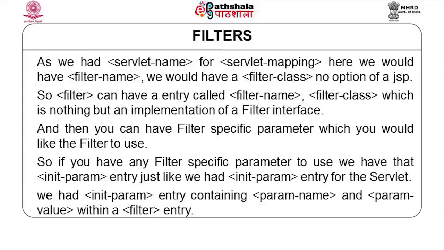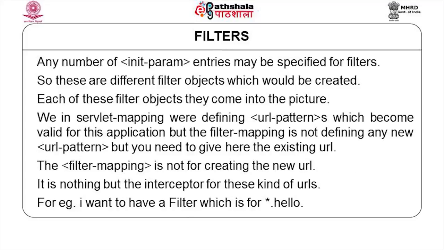These are different filter objects which would be created, but they are not resources. When we put a servlet mapping entry, we were defining the URLs which become valid for this application. The filter mapping is not defining new valid URLs. What you need to give here are URLs which already exist.